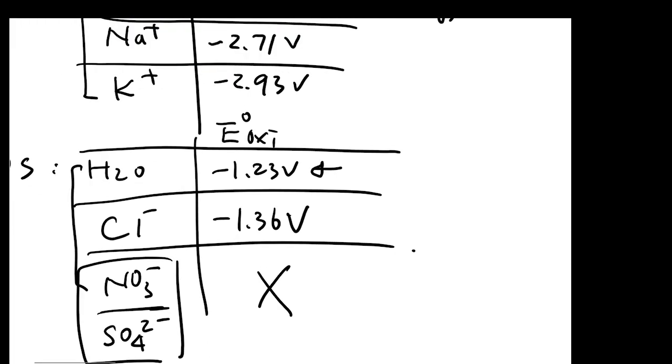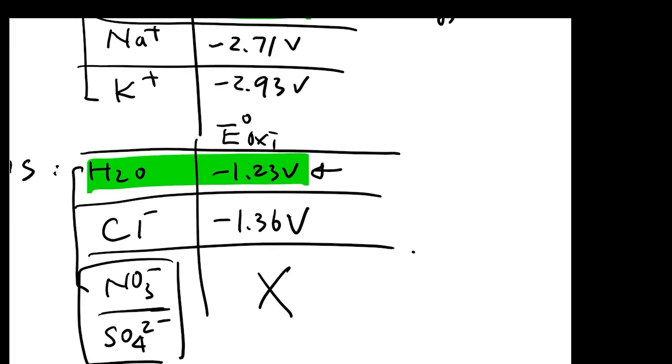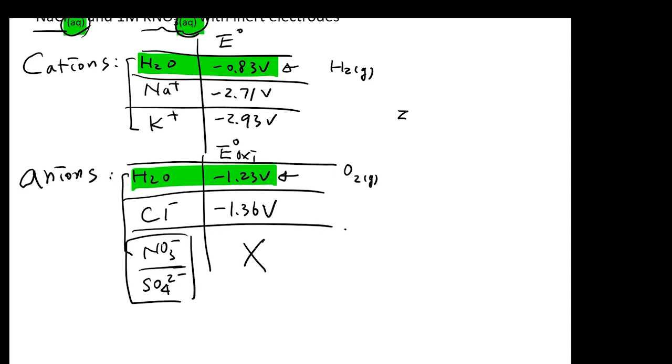Similar thing for the anode: H2O has the less negative value. So the H2O will undergo an oxidation reaction, and it's going to produce O2 gas at the anode. And then the E naught cell will be the sum of these two, which is going to give you negative 2.06 volts.